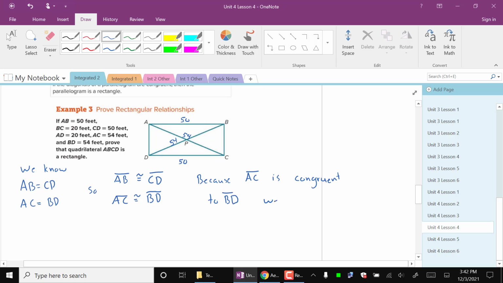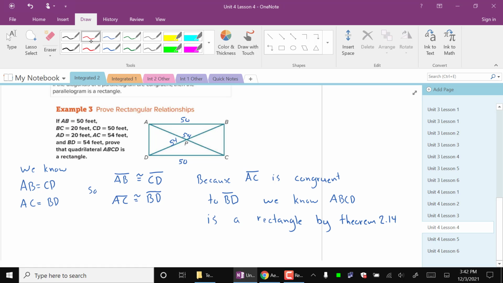We know ABCD is a rectangle by theorem 2.14. So by that theorem that we just learned, we know that this is a rectangle.